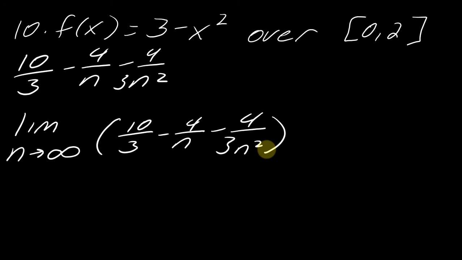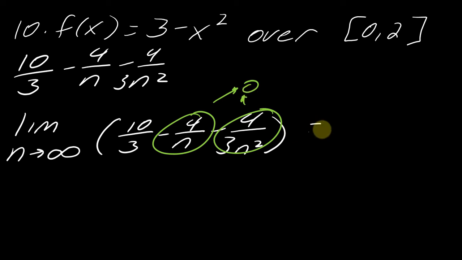I dropped that 3 earlier. It doesn't matter for the final answer here, but these parts are both going to go to 0. And now my answer is just the limit as n goes to infinity, this is 10 over 3. And so that is equal to 3.33 as a decimal.